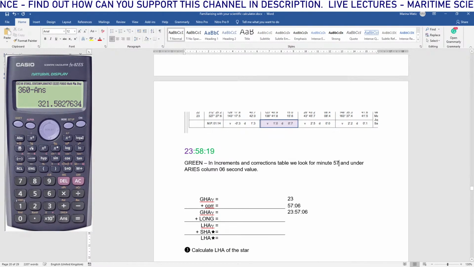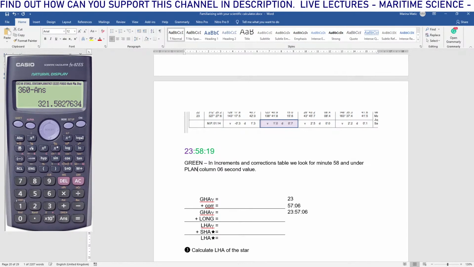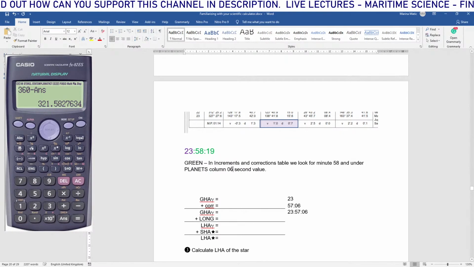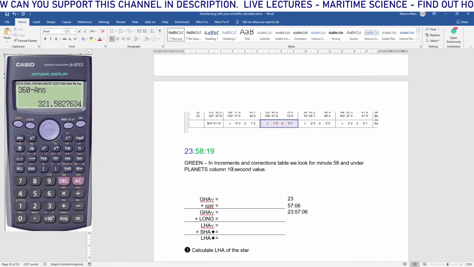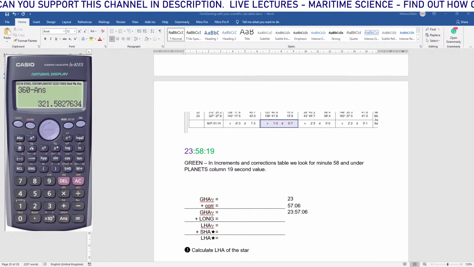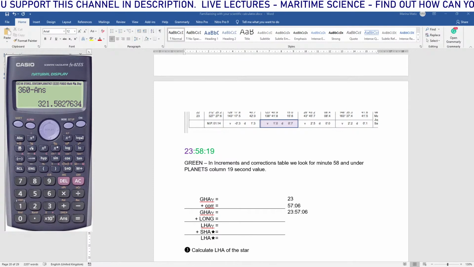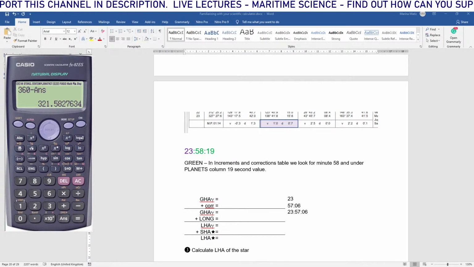And the minute is 58 under planets. So we are focusing on the planets and column 19-second values. So let me get increment and corrections, and minute 58.